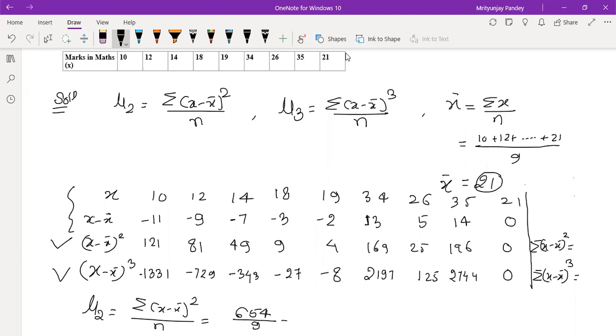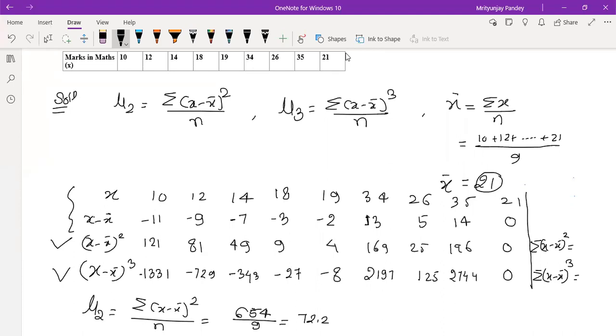Tell me the final answer. 654 divided by 9 is 72.66. Okay, now next find the third last row, x minus x bar whole cube.